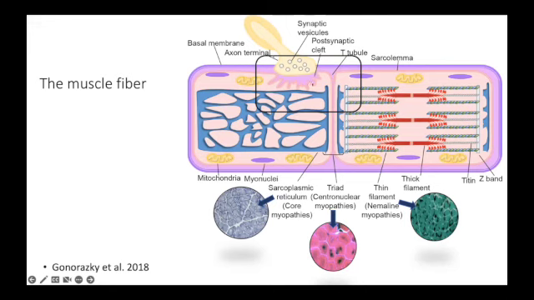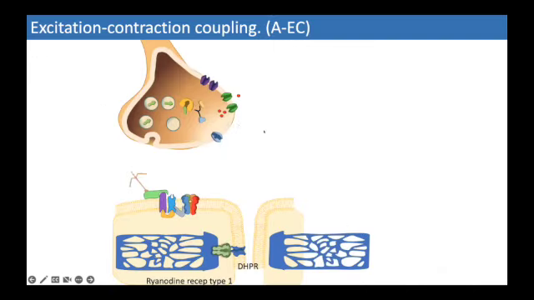So let's look in more detail at what I mean by excitation contraction coupling. Everything starts when the motor neuron releases specific neurotransmitters that produce a change in the electrical activity of the muscle membrane.